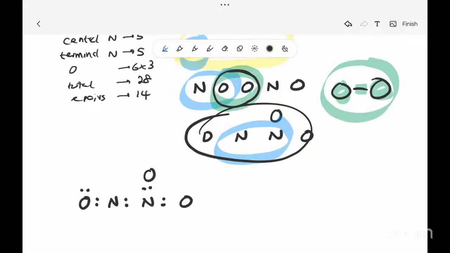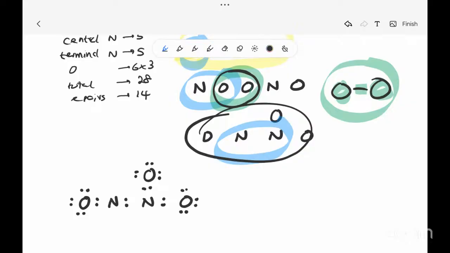Then placing electrons starting from the terminal: 1, 2, 3, 4, 5, 6, 7, 8, 9, 10, 11, 12, 13. Then we are left with one more lone pair, one more electron pair.